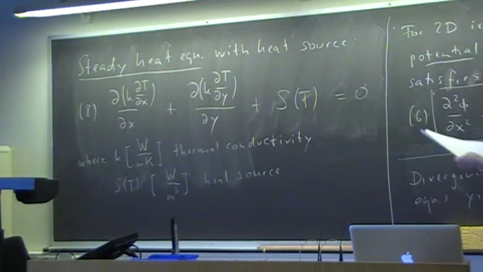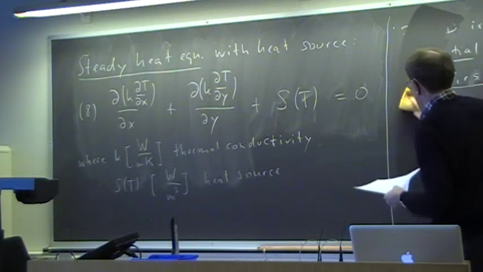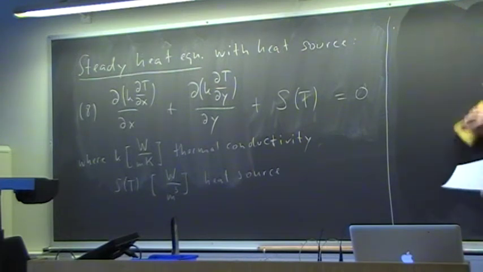If the thermal conductivity is constant and the heat source is not a function of T but only of the spatial coordinates x and y, then we get a Poisson equation. But even in this form, it is an elliptic equation. So the methods that we are going to discuss for the discretization of the Poisson equation, we can also use for that.